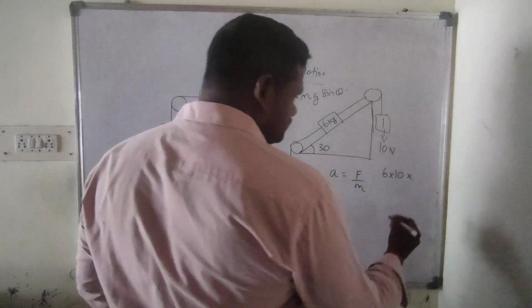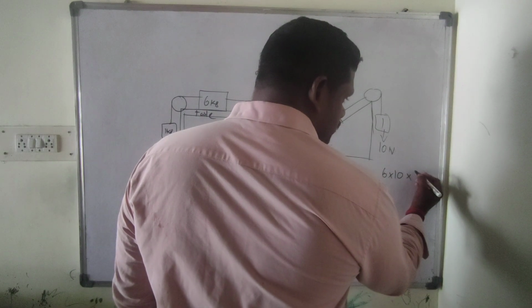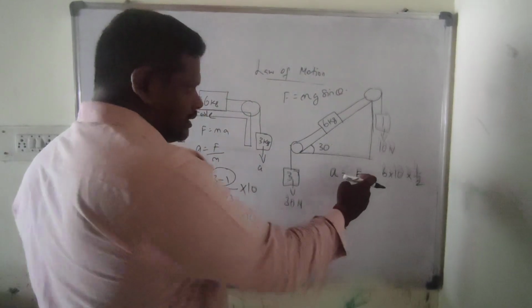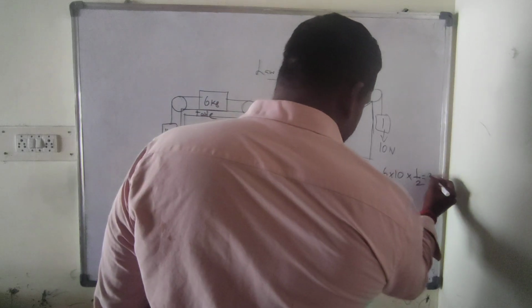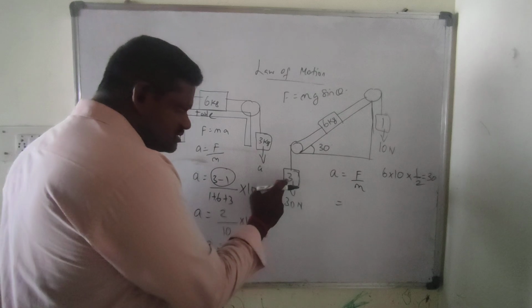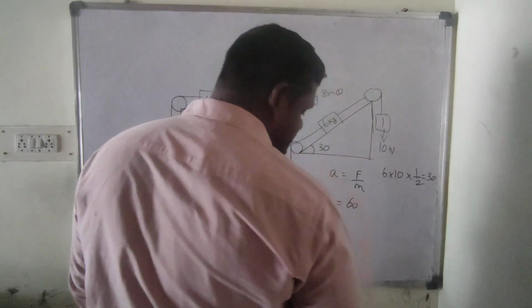Sin 30 value is 1 by 2. So, 5, this gives 30. So, 30 and this 30 Newton, so total 60.